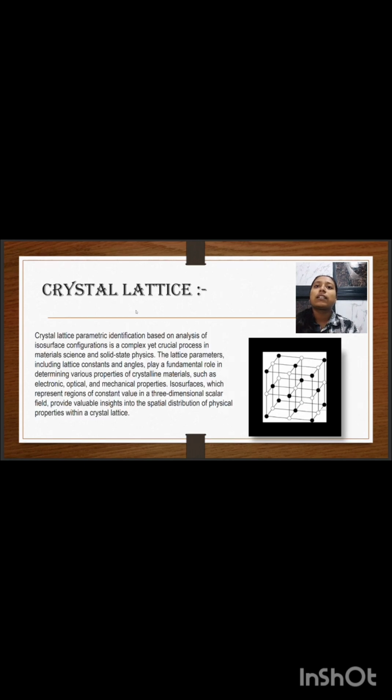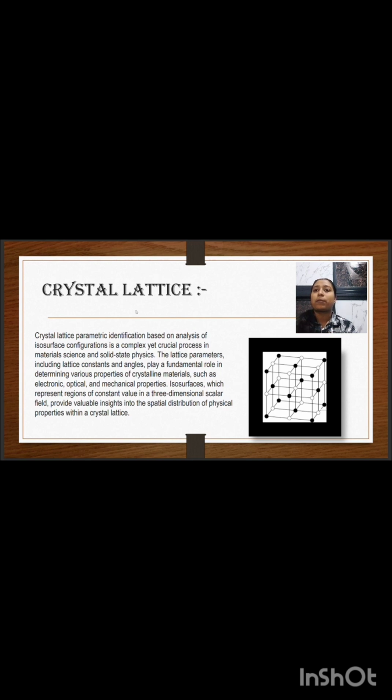Crystal lattice parametric identification based on analysis of isosurface configuration is a complex yet crucial process in materials science and solid state physics. The lattice parameters, including lattice constants and angles, play a fundamental role in determining various properties of crystalline materials, such as electronic, optical or mechanical properties.